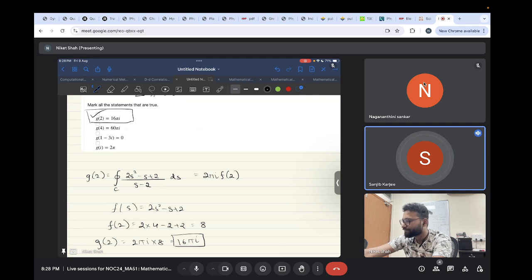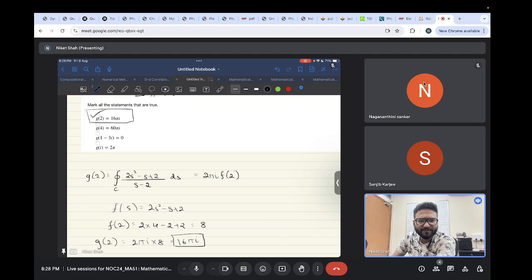Difference between z and s. They are just complex numbers. Z is a notation generally we use, but now if I want to denote some other, both are complex numbers. They are two different variables, that's it.